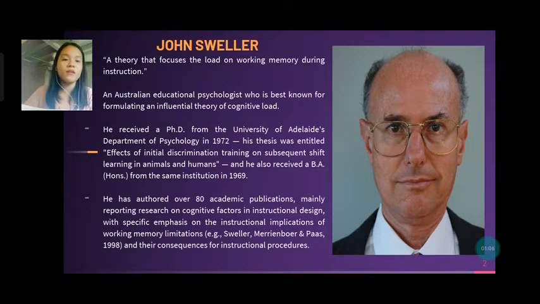He also authored over 80 academic publications, mainly reporting research on cognitive factors in instructional design, with a specific emphasis on the instructional implications of working memory limitations and their consequences for instructional procedure.